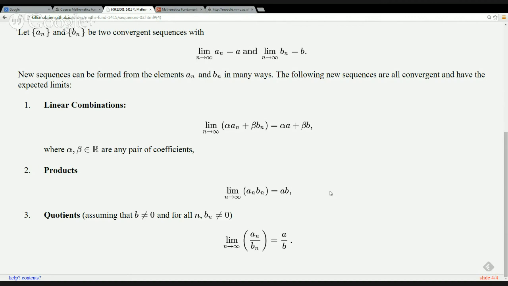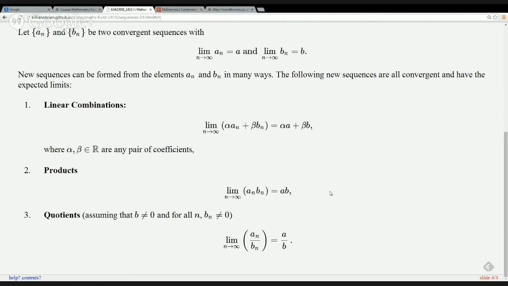So by the special case, we know that the limit of the product of these two is equal to 0. That's the special case. If your two sequences converge to 0, the product converges to 0. So I know the limit of the product of these two converges to 0.